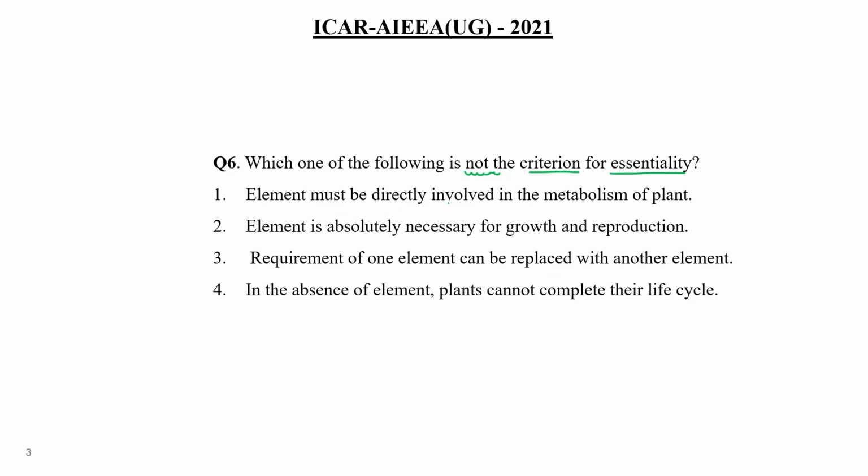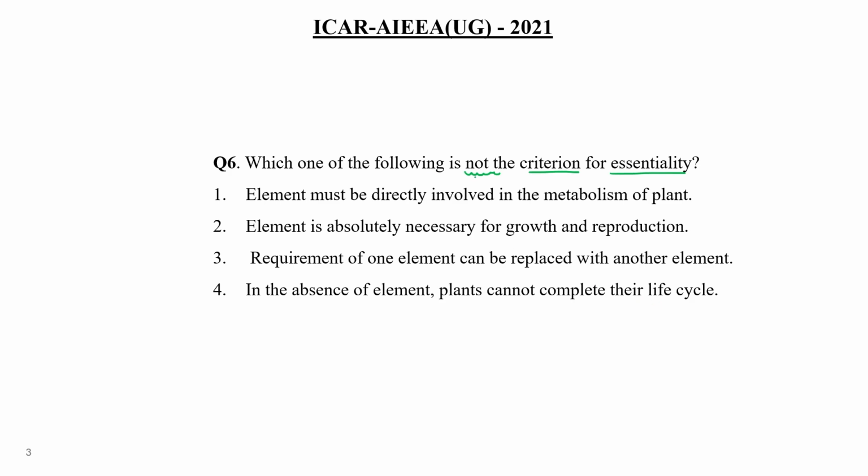Element must be directly involved in the metabolism of plant. Element is absolutely necessary for growth and reproduction. Requirement of one element can be replaced with another element. In the absence of element, plant cannot complete their life cycle.